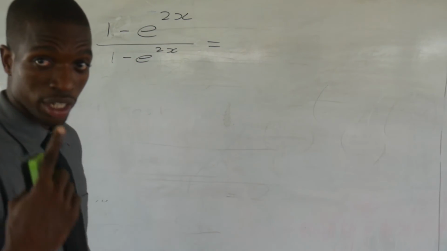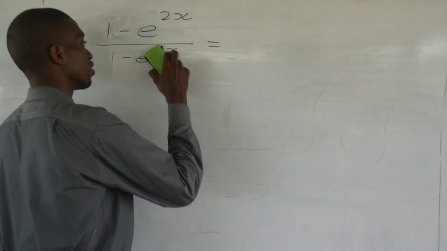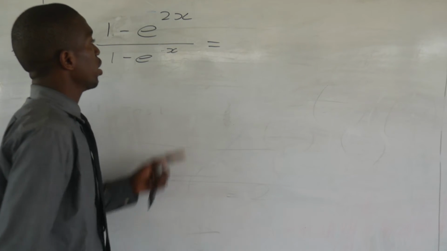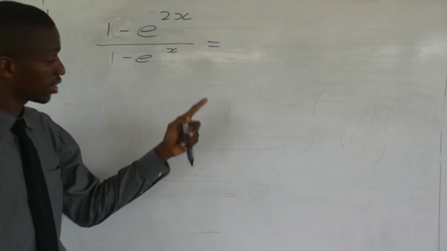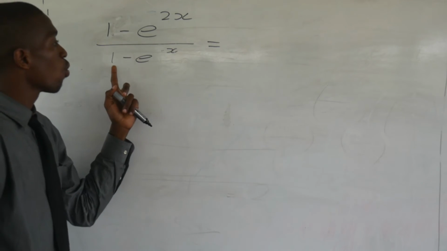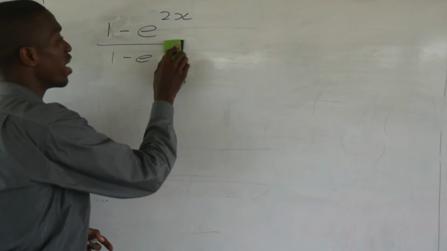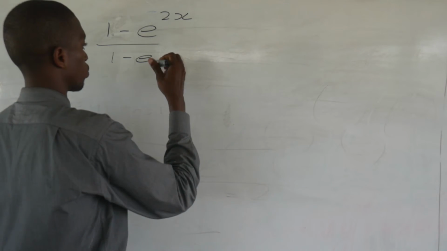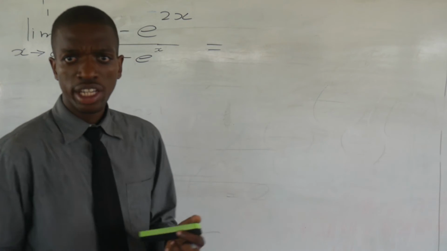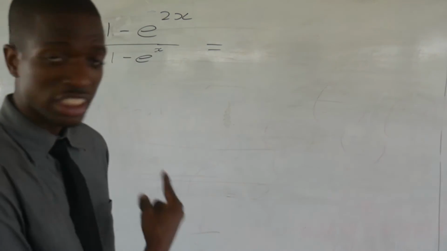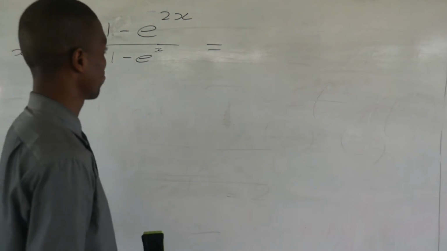However, let's work a different question. The limit as x goes to 0 of 1 minus e to the 2x divided by 1 minus e to the x. Which I highly suspect is what the question is supposed to be.